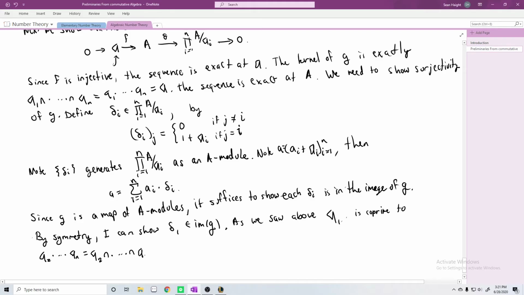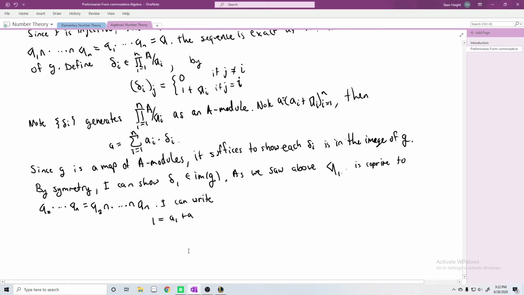This was the induction style argument that we had earlier. So what does that mean? It means I can write 1 equals A1 plus a, where a is in the intersection and A1 is in this ideal A1.